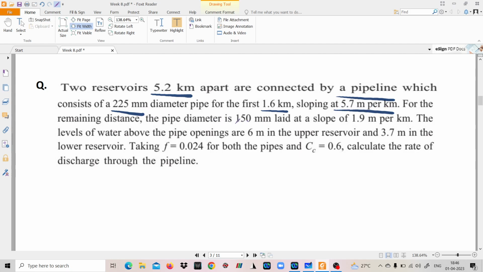For the remaining distance, the pipe diameter is 150 millimeter, which is laid at a slope of 1.9 meter per kilometer.